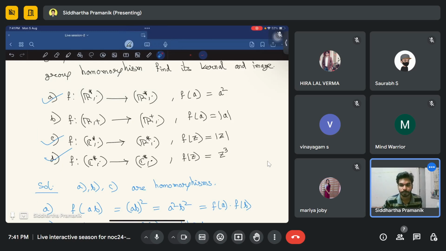Anyone? So the answer is, the image will be C star itself.